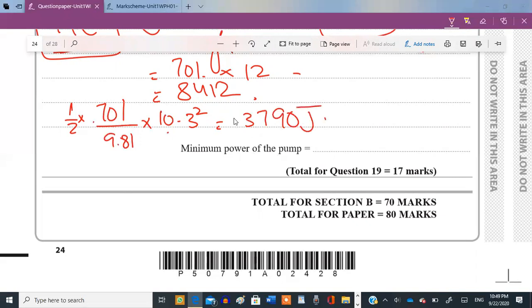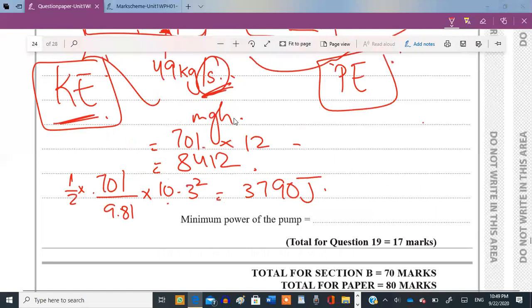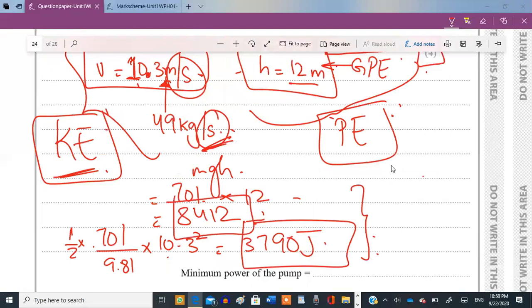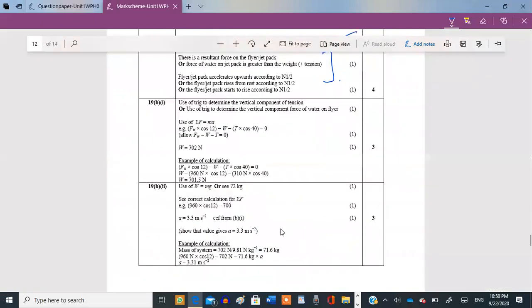Now, this is the energy of the water that is ejected, and that's the potential energy of the person in the air. So the minimum work done is 8412 plus the 3790. Okay, so when you add them up, you'll get your answer.